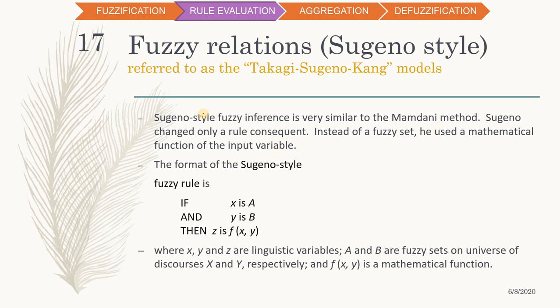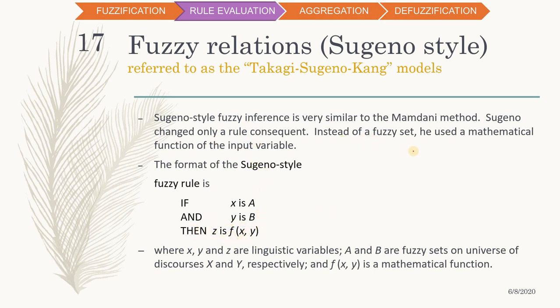That is why the fuzzy relation of Sugeno style is referred to as the Takagi-Sugeno-Kang model. Basically, Sugeno style fuzzy inference is very similar to the Mamdani method, but it changes only the rule consequence, here, the Z value.